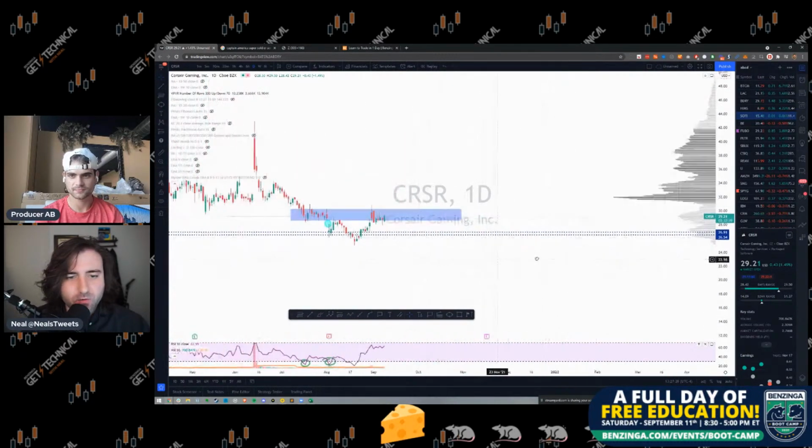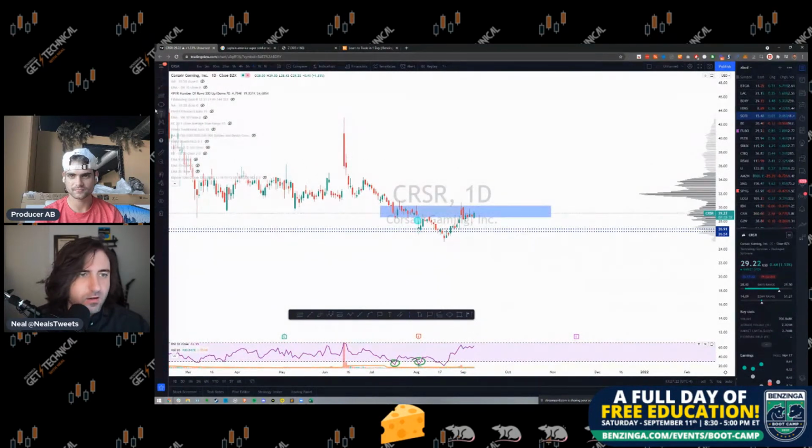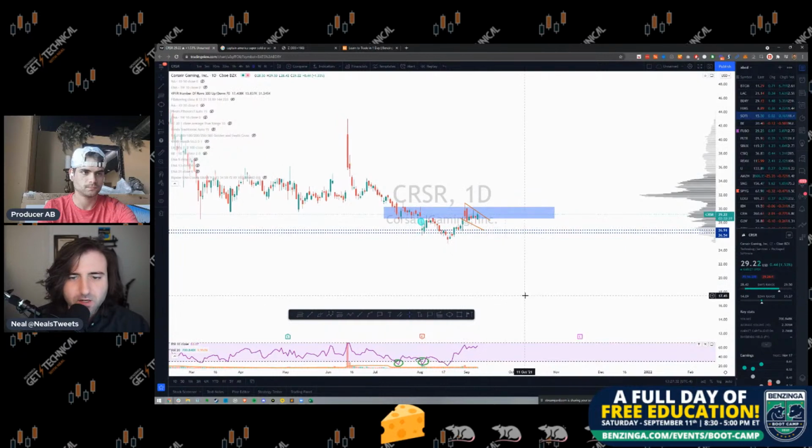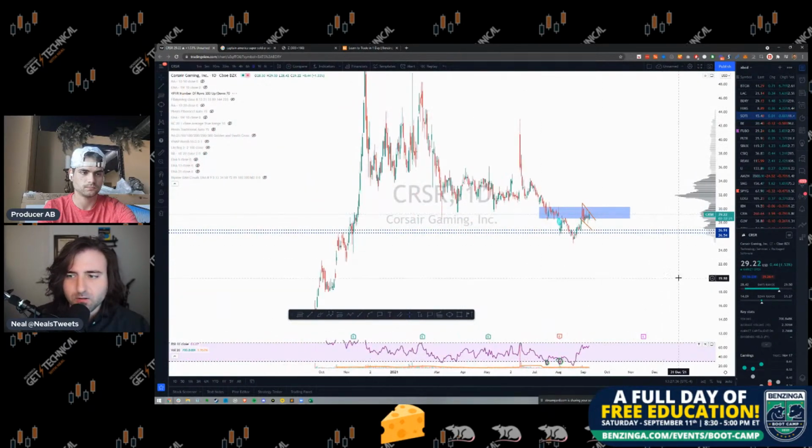So we're looking at Corsair, just looking at the price pattern. We got a nice little bull flag there. We've got this congestion area, which is where we're caught right now, lined up with the volume profile.